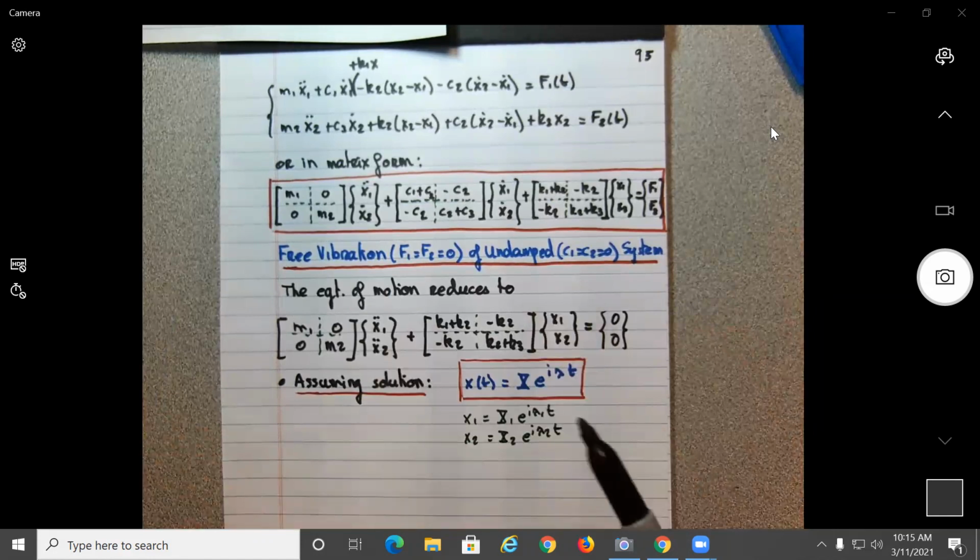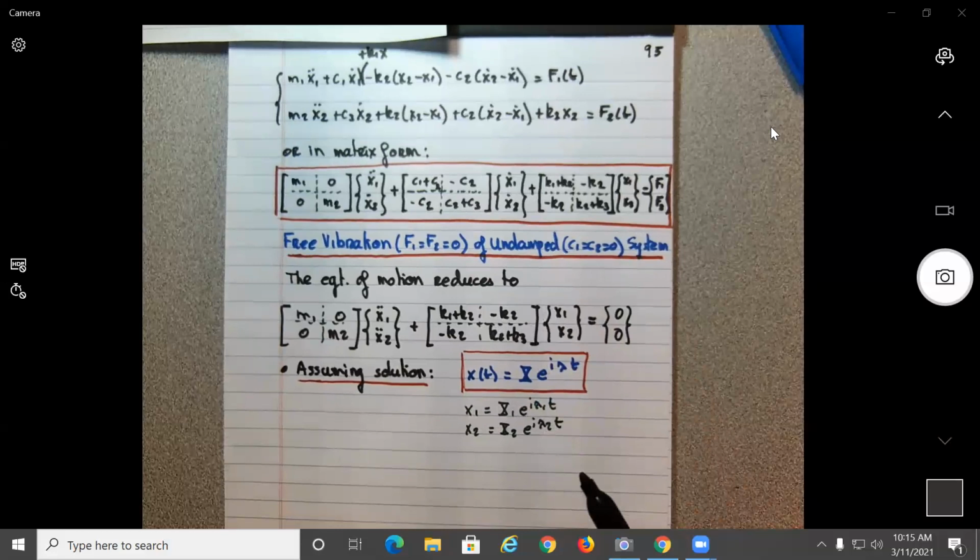Okay, so I'm not going to do it again, but what should we do now? We should take the first derivative of this. That should give you X1, e to the lambda 1, e to the i omega t. Same thing for this one, and take the second derivative, no? And then we go and substitute into the equation of motion.